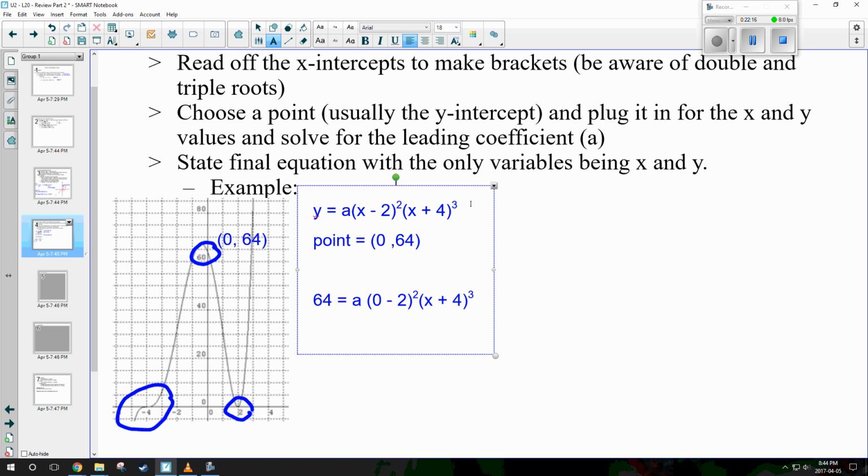Now that we've done that, we need to simplify this out so that we can solve for a. So here we have 0 minus 2, which gives us a -2, and then we square it, and -2 squared gives us a 4. And in this bracket here, we have 0 plus 4, which just gives us a 4, and 4 cubed gives us a 64.